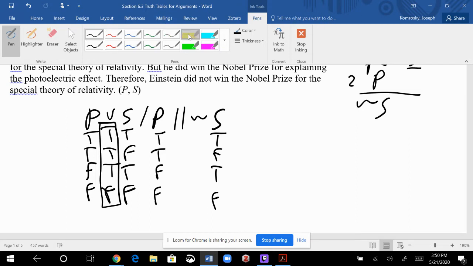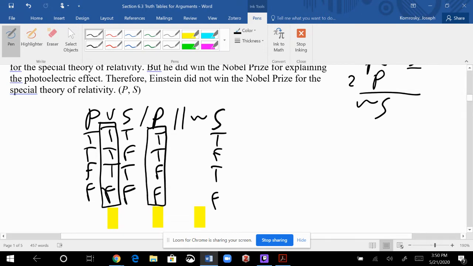And again, what are our main operators for the premises and conclusion? There's a main operator. There's one. It's not an operator, but it's the truth value. So, and then there's the operator, the tilde. So that's what we're going to eventually be looking at when we highlight.